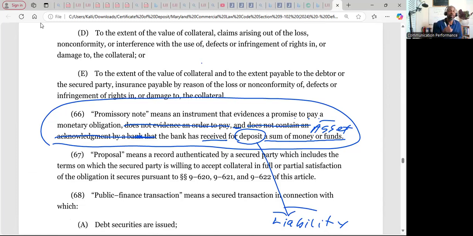But what we do at Communication Performance, specifically when it comes to banking, our main focus is to prove that the instrument that the bank purchased from the seller, which is you, they may refer to you as a customer, right? That is value and consideration that the bank is getting.